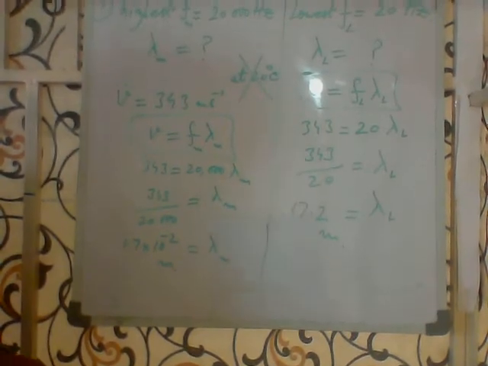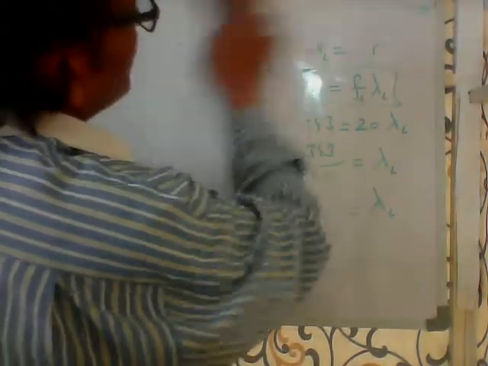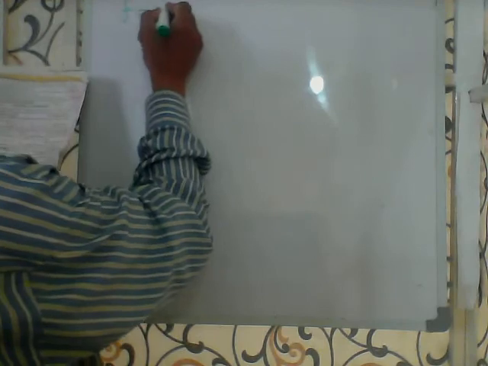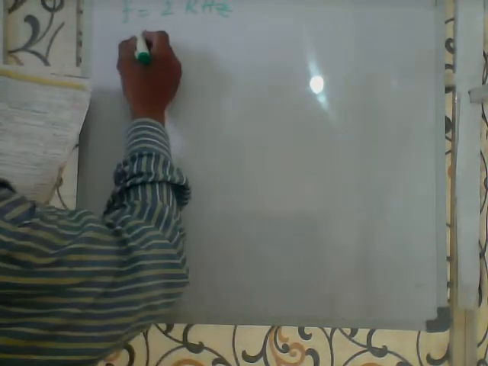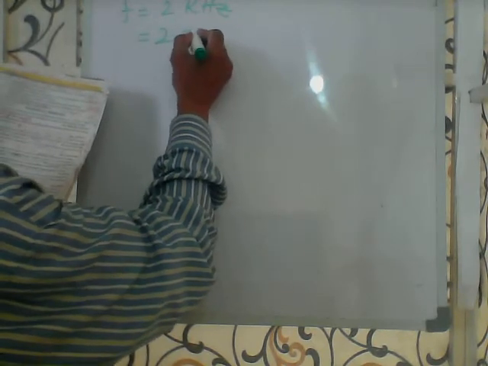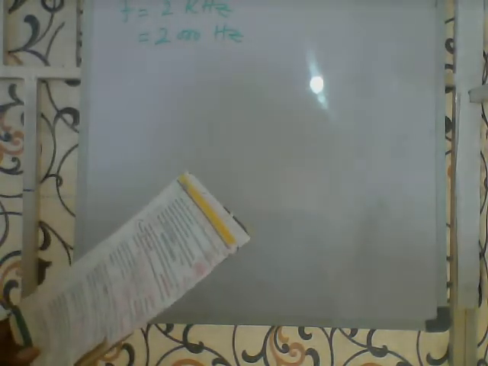Now we will come towards 11.9. A sound wave has a frequency of 2 kilohertz, converted in standard form 2000 hertz.